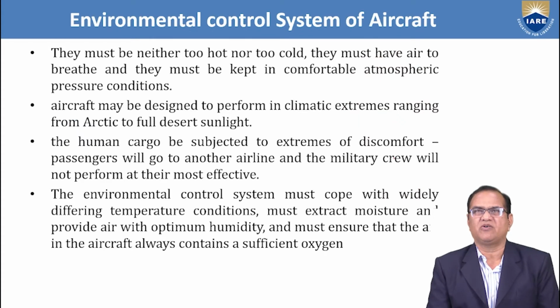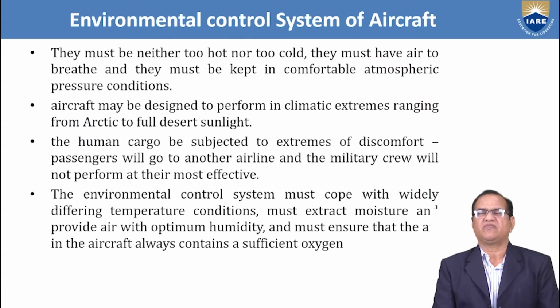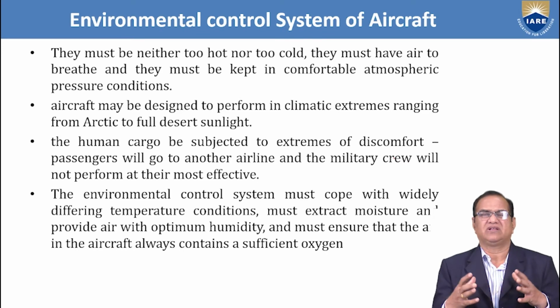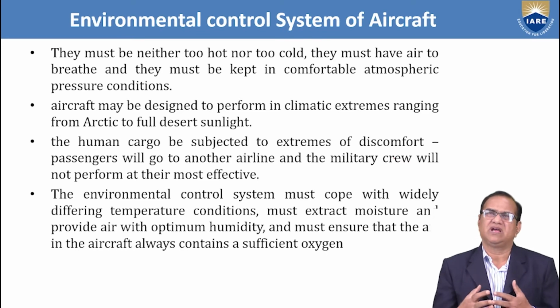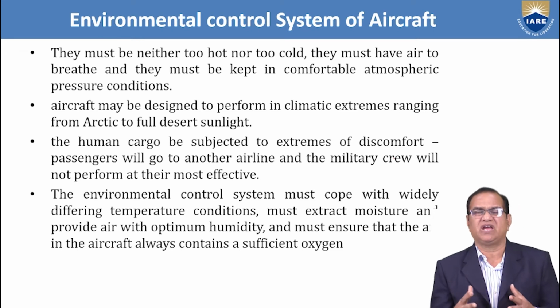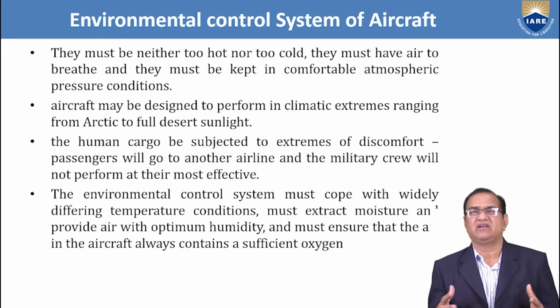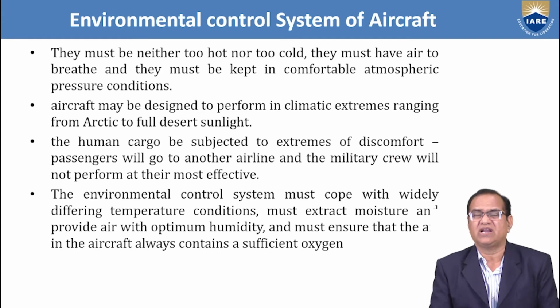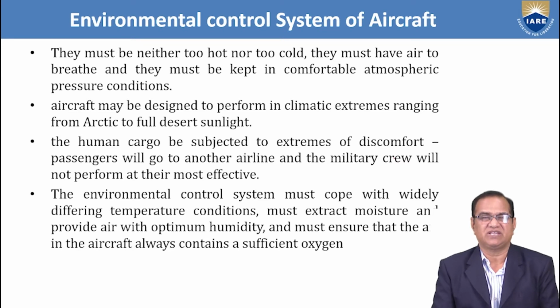Now I will discuss the environmental control system of an aircraft. Environmental control means how we control the air, the oxygen, a clean environment, plus the required pressure, temperature and density inside the fuselage, and how we are able to maintain such an atmosphere inside the aircraft.